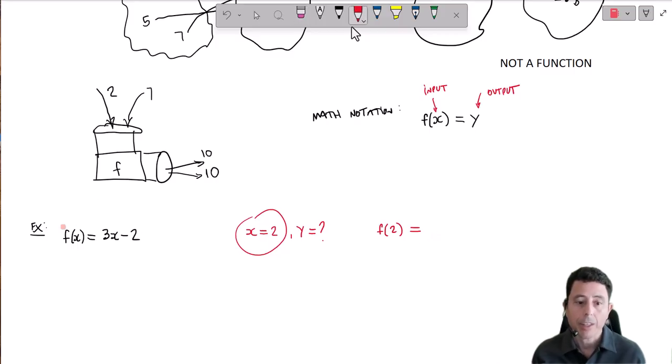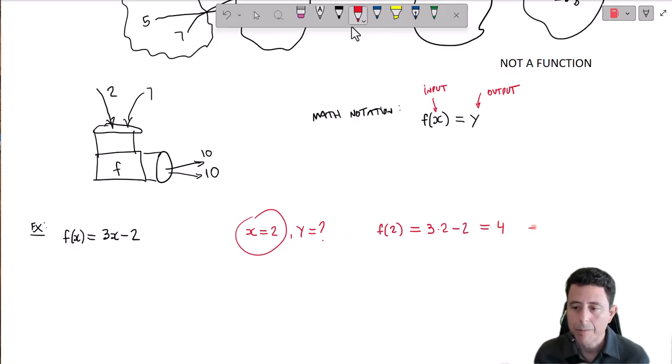Okay. So again, this is not f times x. It's a notation. It's a symbol. So we put x inside the function, and the function will give us what? Well, we just look at the formula for the function. The function will take the input, multiply by 3 and subtract 2. So 3 times 2, 6, minus 2, 4.